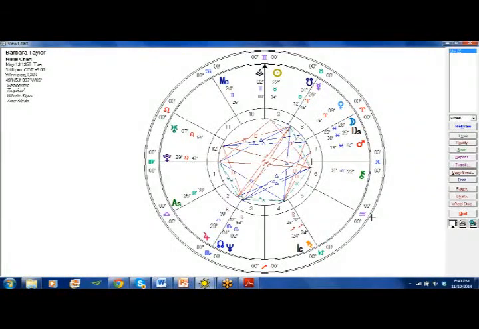So having some kind of mission or purpose that you're really committed to, that you really can get yourself behind. So that means the householder or culture bearer energy is strong. You also have Jupiter in Libra.